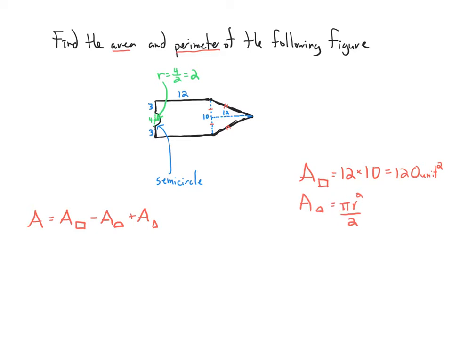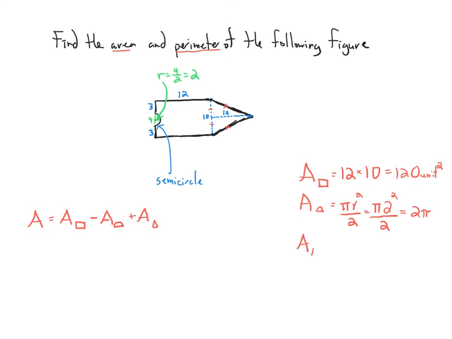So that's pi times the radius 2 squared, over 2. That's 4 pi divided by 2, which is 2 pi. We'll just leave it like that for now. So that's what we're going to subtract.